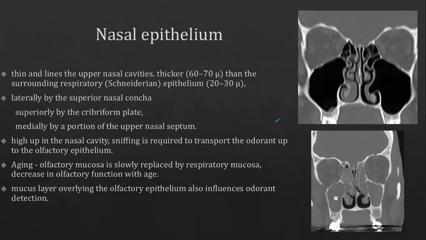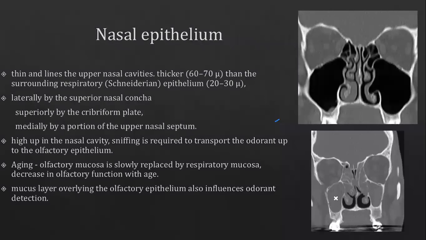Okay, so let's look at the nose and paranasal sinuses anatomy. Again, this anatomy is in relationship to the anterior skull base itself. So it's not going to be an in-depth anatomy of the nose and paranasal sinuses, but as I see relevance to the anatomy and the diseases in the area.